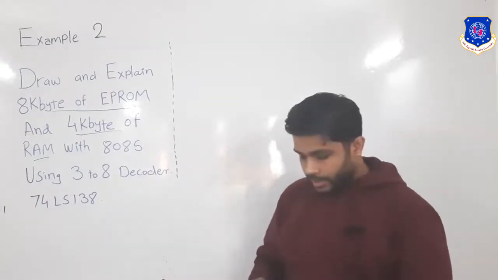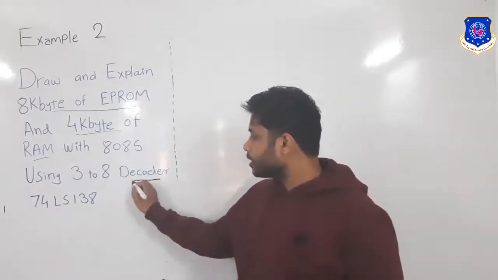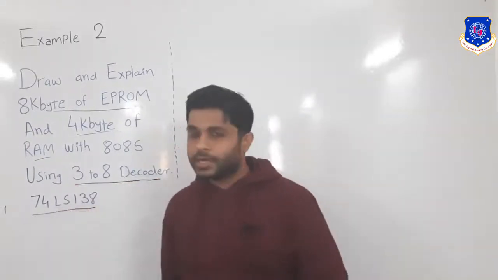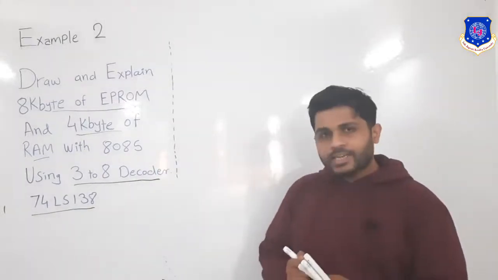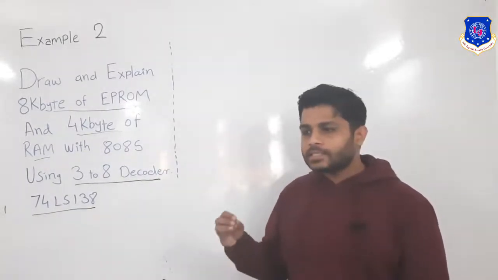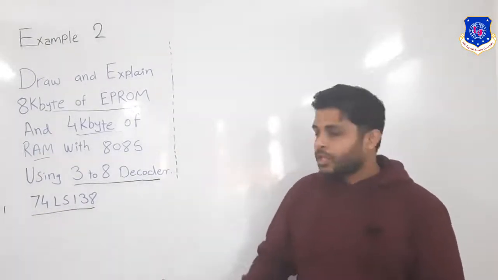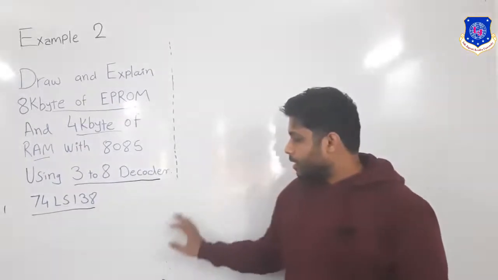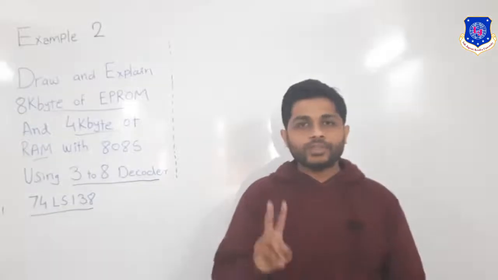We have to connect these memories using the decoder 74LS138. Now it works as a normal decoder, but there is some characteristic which is different from the normal decoder, that we are going to see in a very short time. But in this example we are asked to interface two memories.